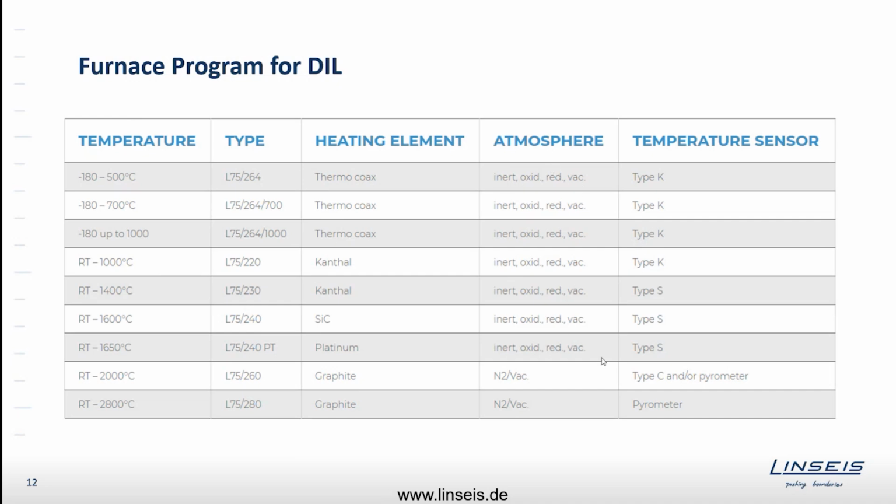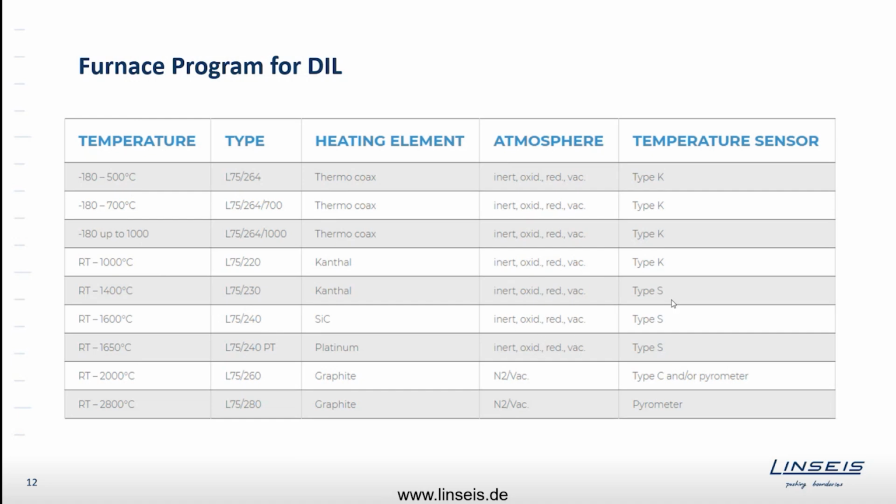The atmosphere you're using defines a little bit what kind of temperature sensor you can use, because usually in a dilatometer you have a temperature sensor directly in touch or close to the sample, and this temperature sensor usually is a thermocouple. We have different types of thermocouples out of different materials. They cover different temperature ranges and they cover different atmospheres.